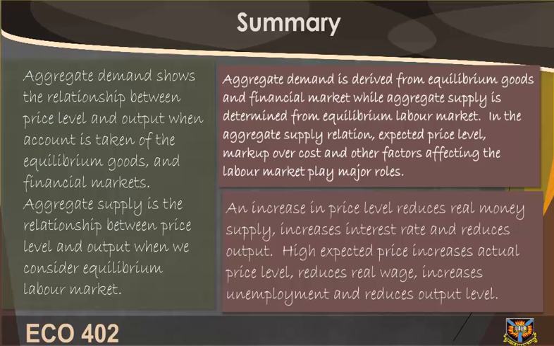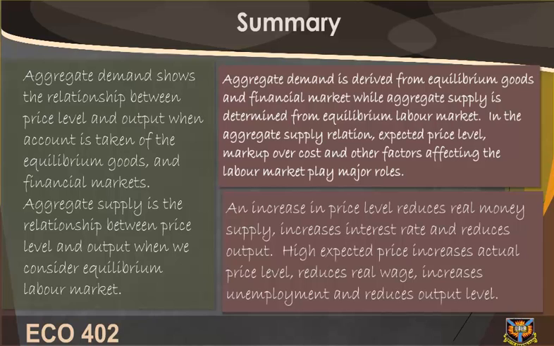In the aggregate supply relation, expected price level, markup over cost, and other factors affecting the labor market play major roles. An increase in price level reduces real money supply, increases interest rate, and reduces output. High expected price increases actual price level, reduces real wage, increases unemployment, and reduces output level.